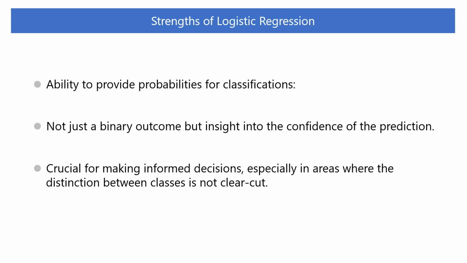The advantage of logistic regression lies in its ability to provide probability for classifications, offering not just a binary outcome but insight into the confidence of the prediction. This is crucial for making informed decisions, especially in areas where the distinction between classes is not clear-cut.